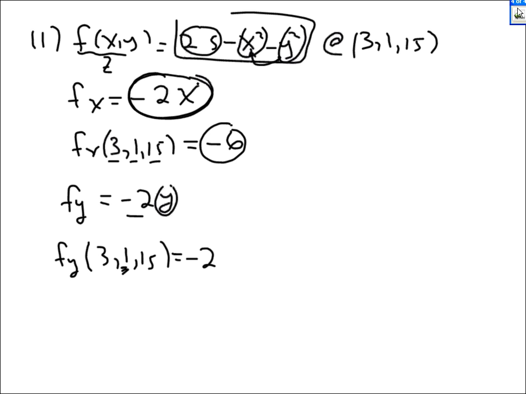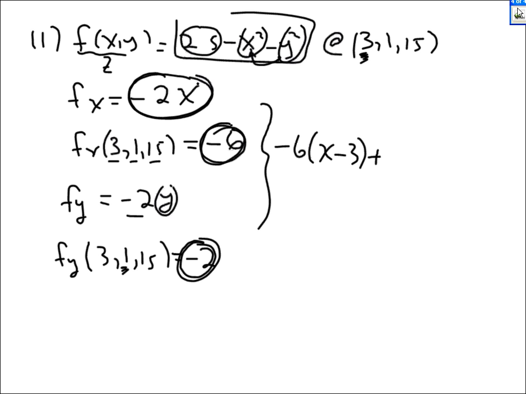These values are like the slopes. What you get is negative 6 times x minus the x value, plus negative 2, which means minus 2 times y minus the y value, plus 1 times z minus the z value.